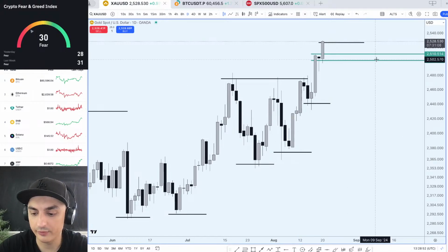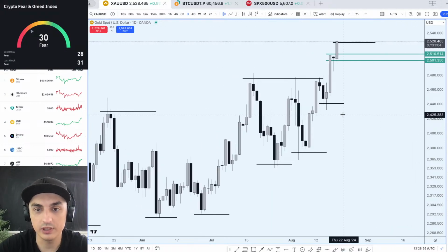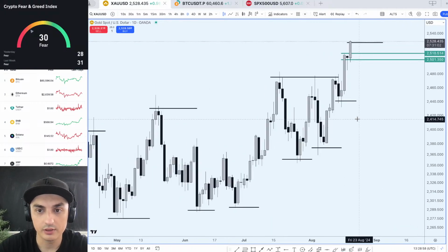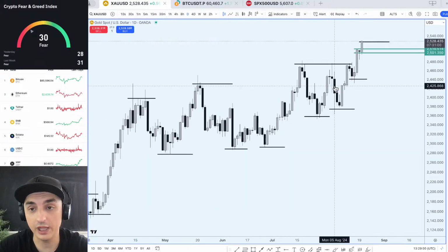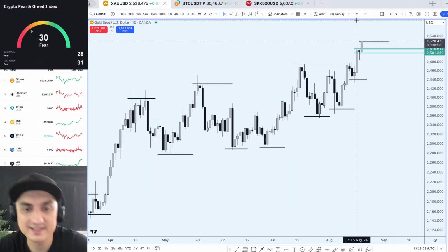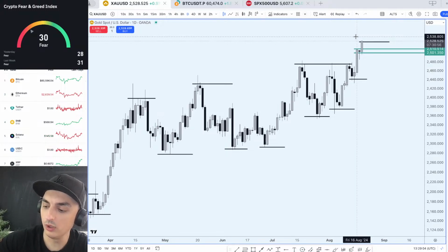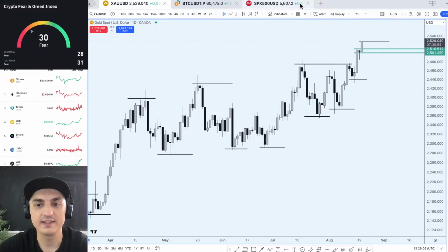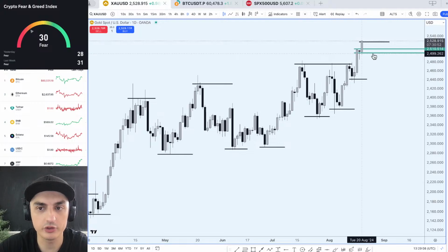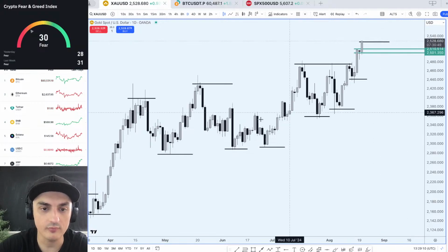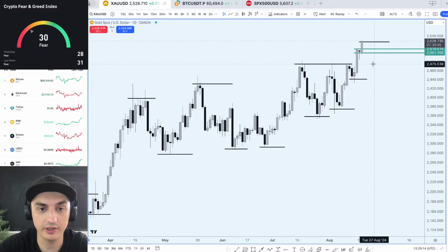So these two levels are key levels right now. I don't know if we're going to hold them or retest them and break below. However, right now this is the major psychological area where the price is breaking out from.